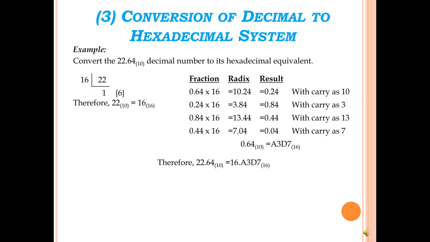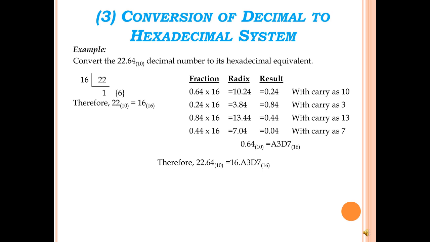After that, 0.84 multiplied by 16 gives 13.44, and the result is 0.44. The number 13 gets carried out. Then 0.44 multiplied by 16 gives 7.04, and the result is 0.04, and the 7 gets carried out.